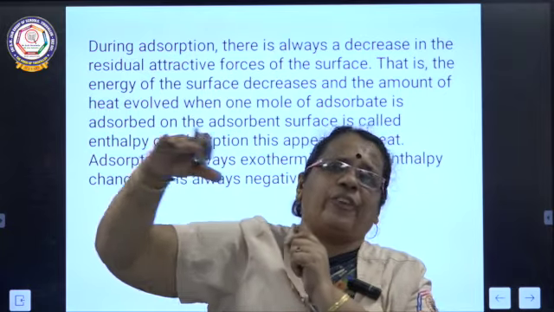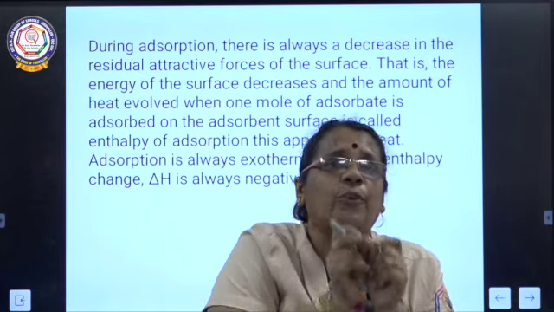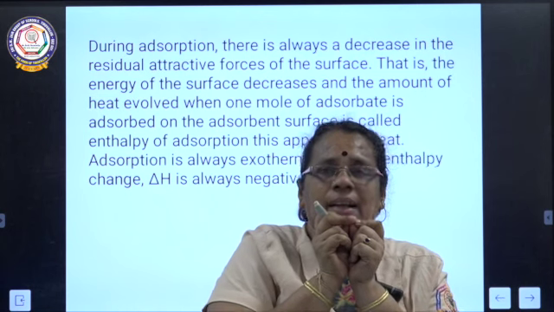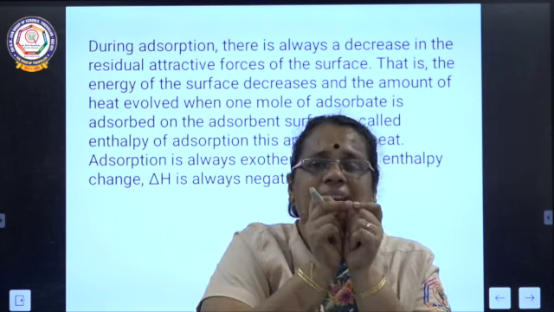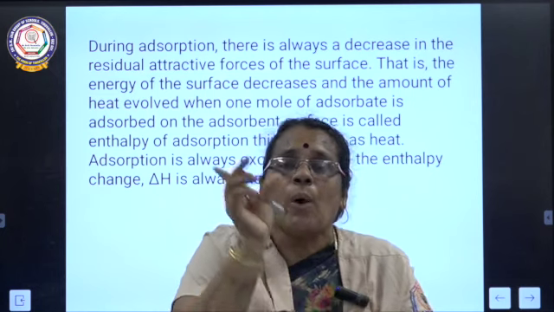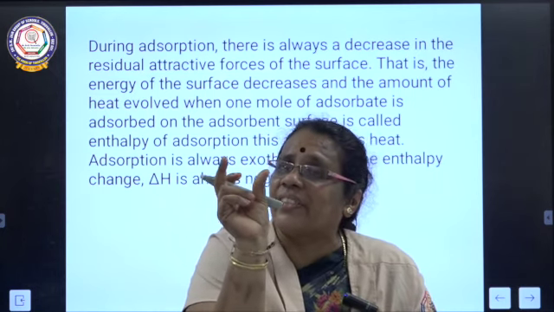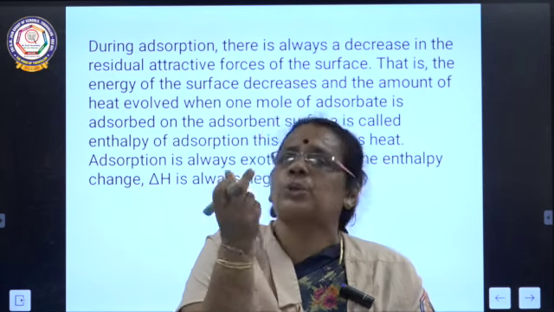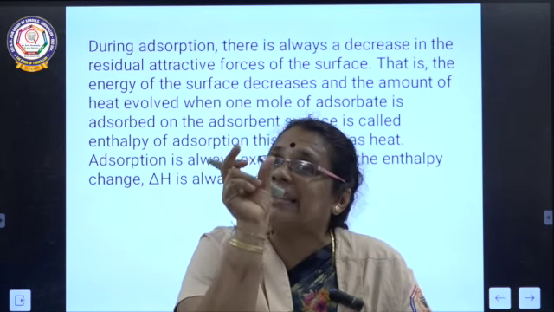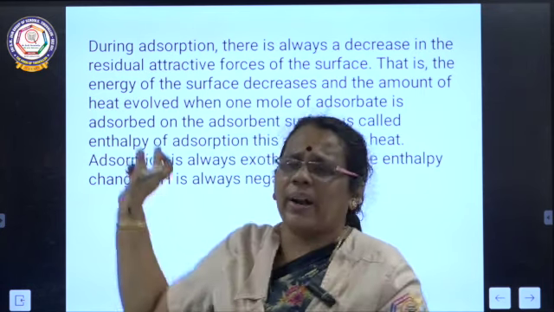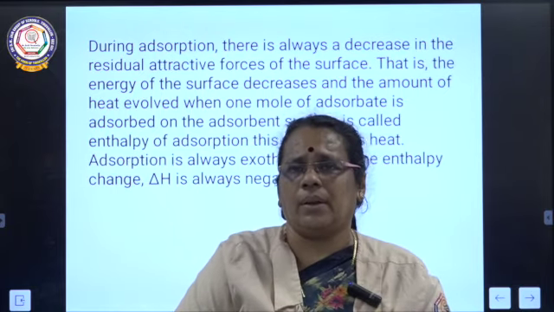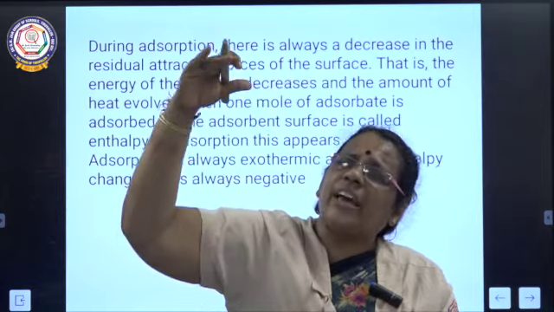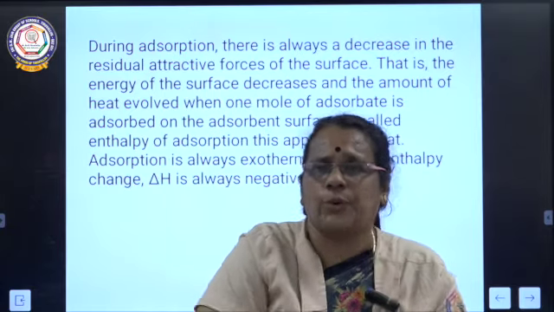So at the surface, the residual attractive forces decrease. What is happening at the surface? There is a decrease in residual force of attraction. What will be the surface energy? Surface energy also decreases. The energy at the surface decreases. So what is the concept we are talking about? We are talking about adsorption. At the surface there are unbalanced forces.